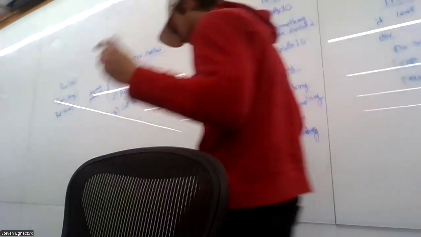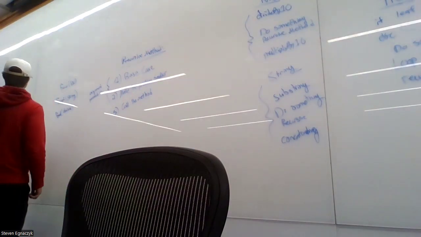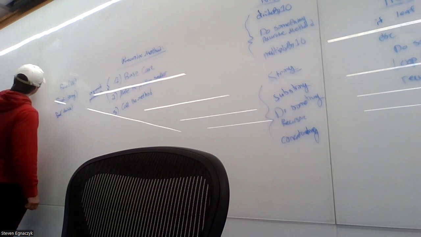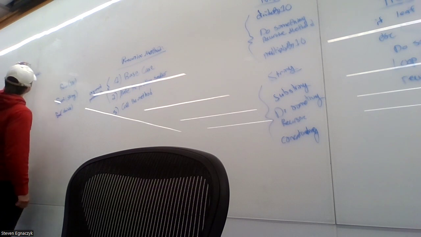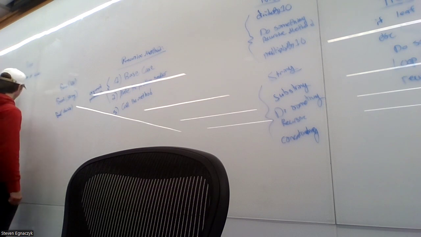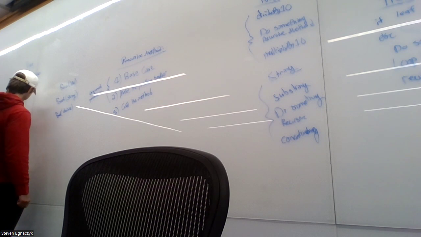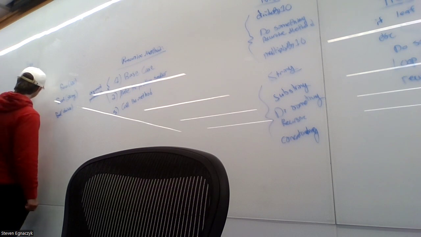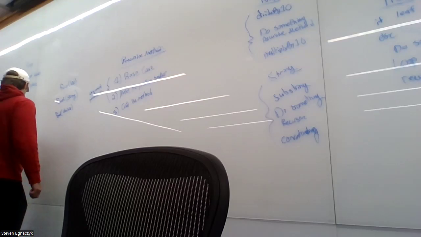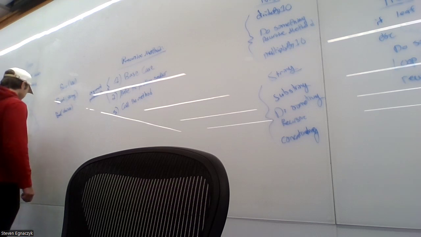Trees are fun. Trees are just a collection of nodes. And they're also recursive in nature. So you have a collection of nodes here, and each one has maybe some children.